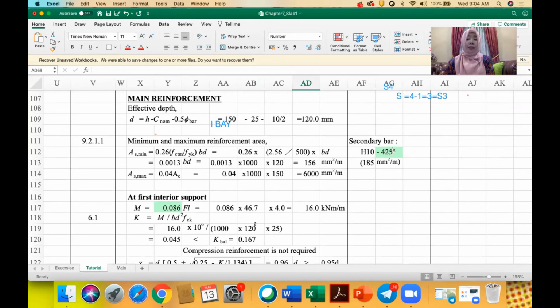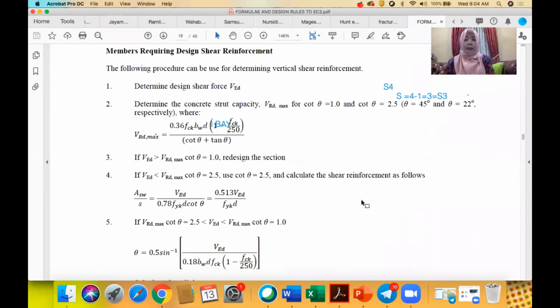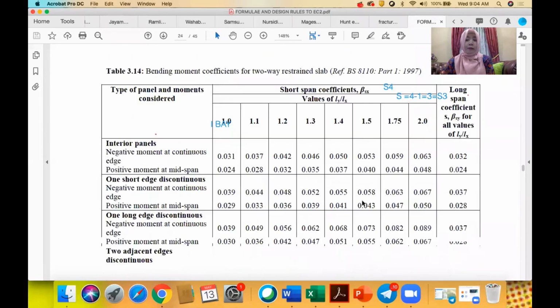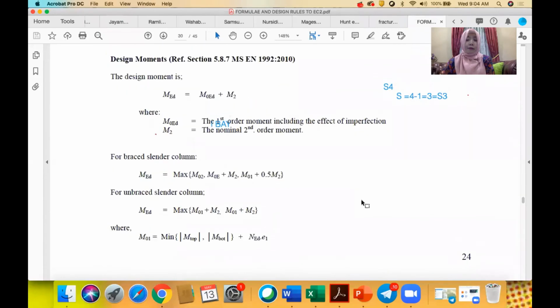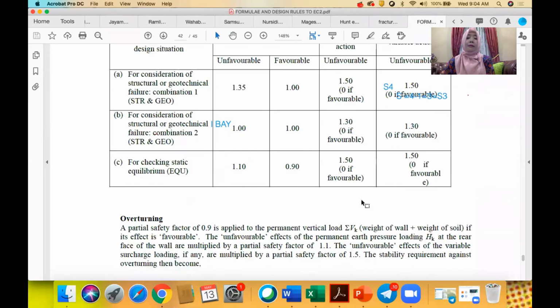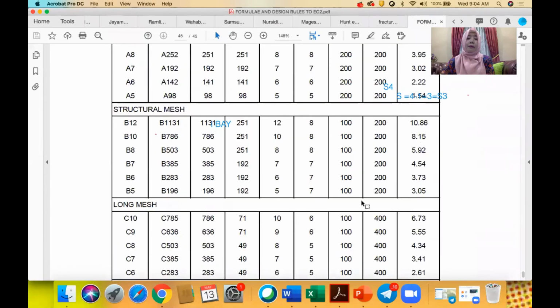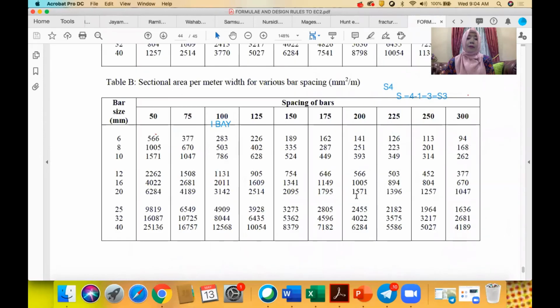How to get this one? In our table here we haven't got that one. Let's see the table here. Okay, you can see here the size 10, the minimum that we got here is 262.